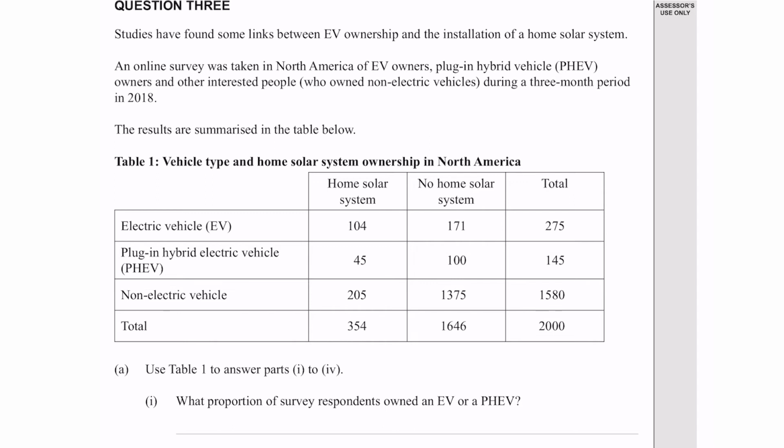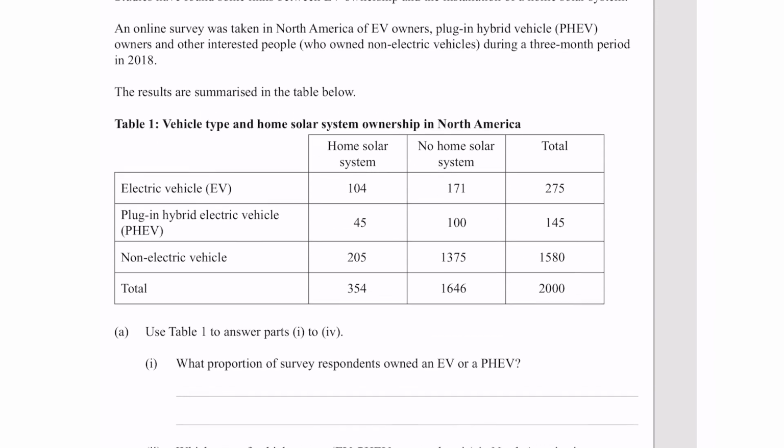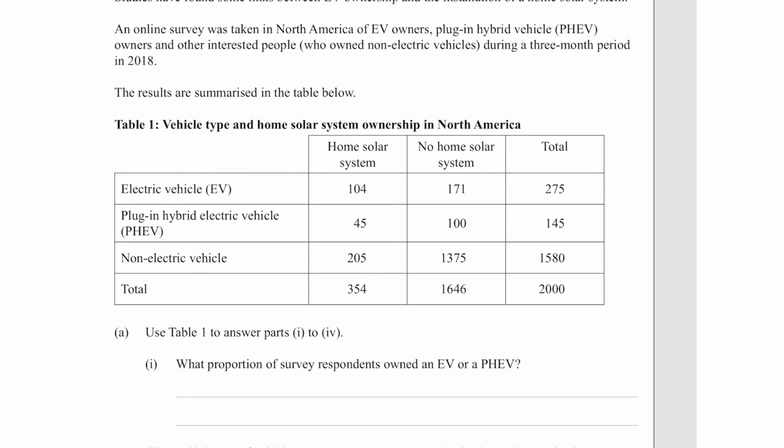Part A I, what proportion of survey respondents owned an EV or a PHEV? The first thing we want to consider is, is this a conditional probability? To determine that, we need to identify if there is a conditional keyword. Is there an if, is there a given, or is there a where?